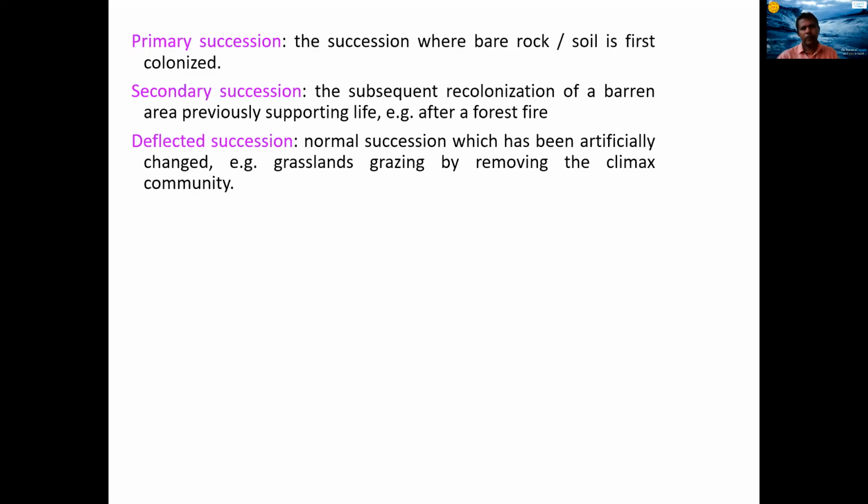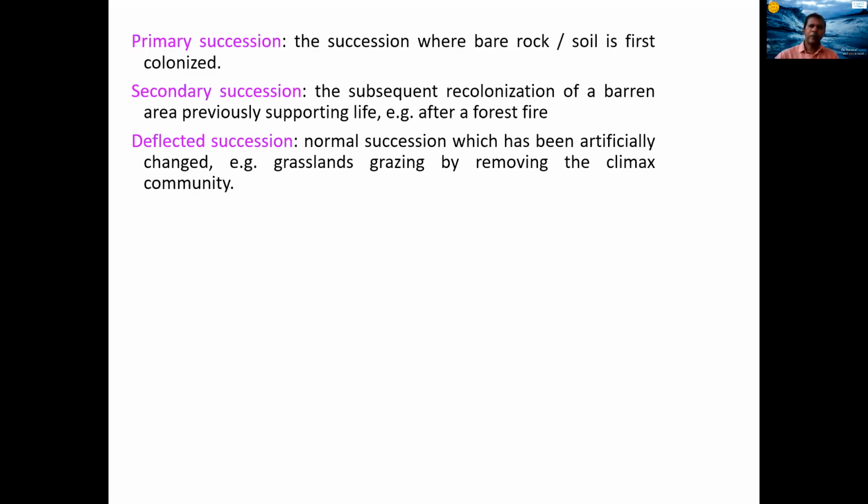For example, if it is a grassland, there might be some lichens and mosses, and after that you get some grasses. And if we put some grazing animals there, they will change the community, and that will deflect this succession, and that's what we call the deflected succession.